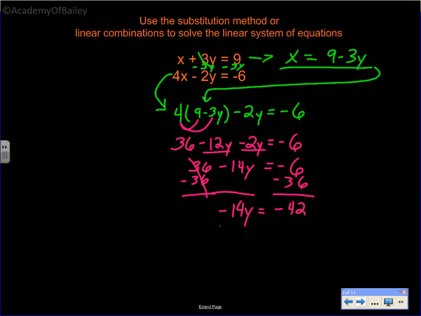Get y by itself, we divide both sides by negative 14. Y is equal to negative 42 divided by negative 14. Well, we know negative divided by negative is going to be a positive, and 42 divided by 14 is 3. So y is equal to 3. So in your answer, y is equal to 3. That goes on the right side.